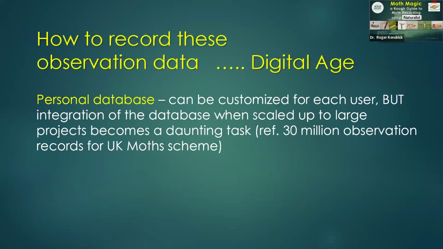Now, more modern stuff, catching up with new scenarios. I maintain a personal database on my computer using a relational database, Microsoft Access for one. And this can be customized for each user by each user.